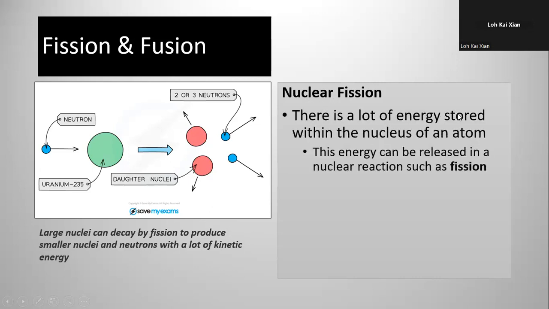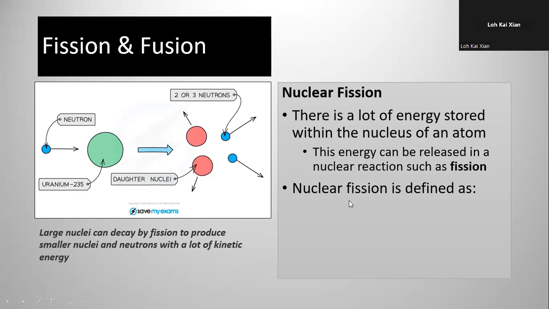There's a lot of energy stored within the nucleus of an atom. Energy can be released in a nuclear reaction such as fission. So when this happens, energy is released. Besides the 2 daughter nuclei, there are 2 or 3 neutrons.